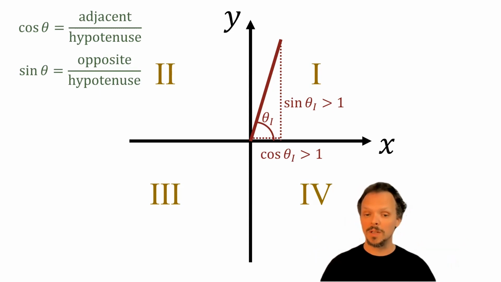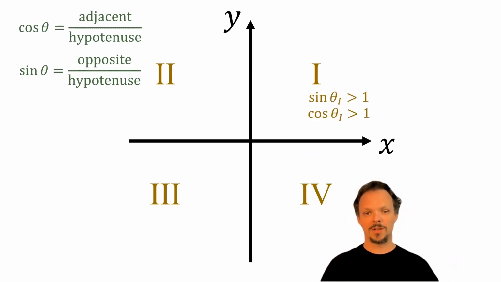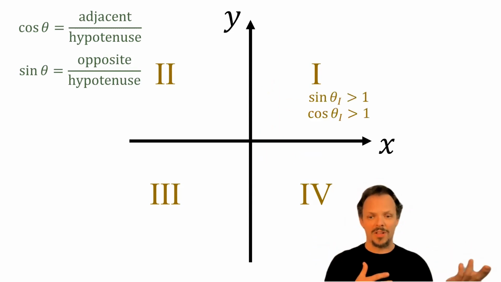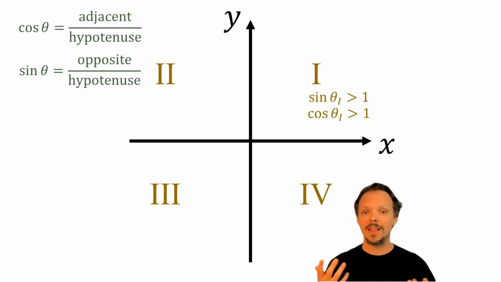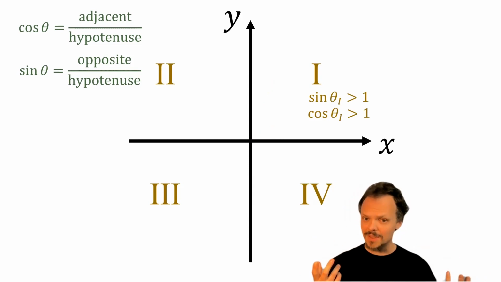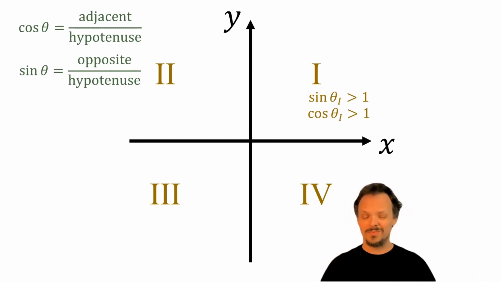So the cosine will also be positive in this first quadrant. Now, these are sort of the defaults. When you put an angle into your calculator and ask for the sine or cosine, this is generally what it's going to give you.